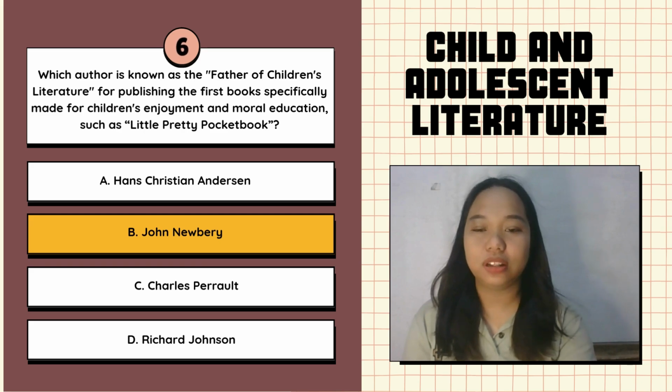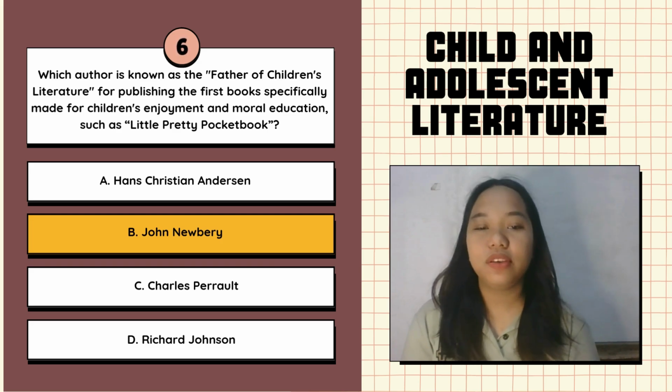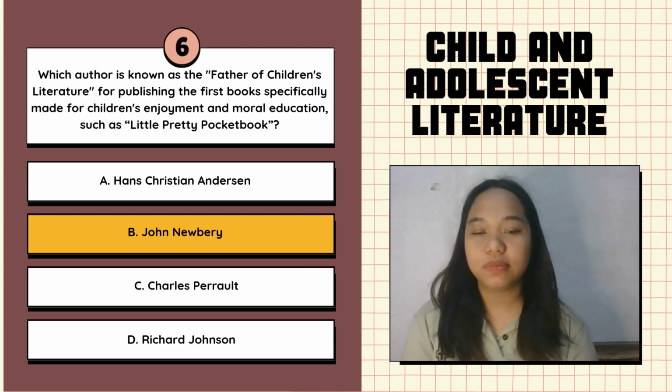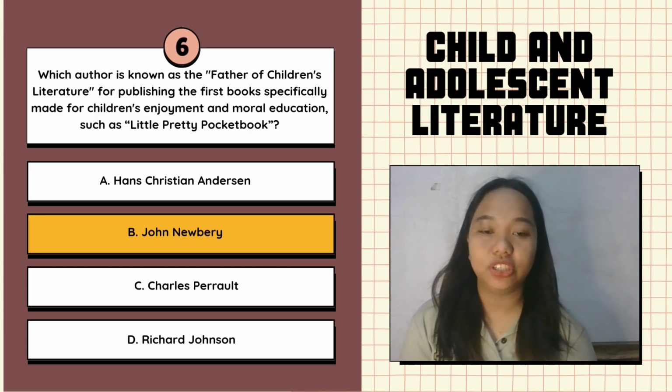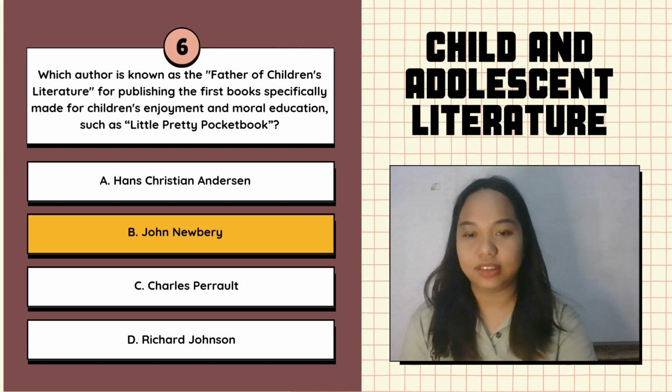His Little Pretty Pocket Book was designed to appeal to young readers while also reinforcing proper behavior and good morals. He believed that children could learn better if they were engaged and entertained. This marked a significant change from earlier religiously didactic texts, showing a recognition of children's developmental needs and interests.